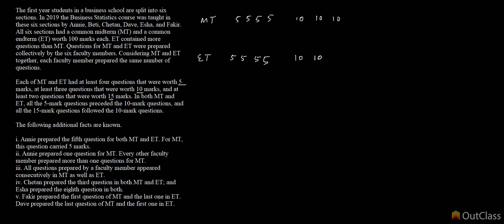There might have been more again, and there are at least 2 15-mark questions. This set doesn't specifically say that these are the only types of questions, but they are. There is no other way to solve this question. We have to assume that the 3 types of questions are 5 mark, 10 mark and 15 mark.